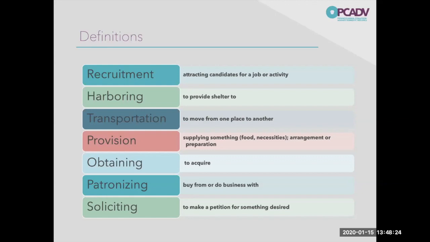But the reality of human trafficking is a lot less exciting, but much, much more sinister because it goes unseen. And if you see all of these definitions, you can start to understand that human trafficking is a much more nuanced and much more detailed form of victimization than a lot of times we might think.